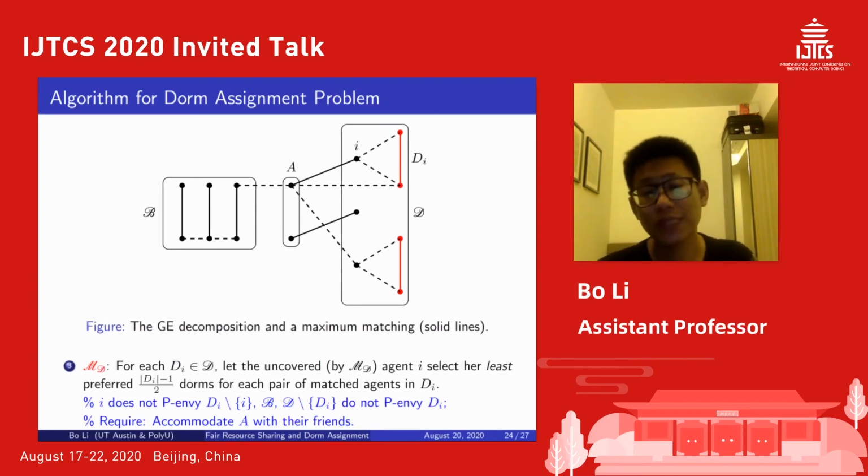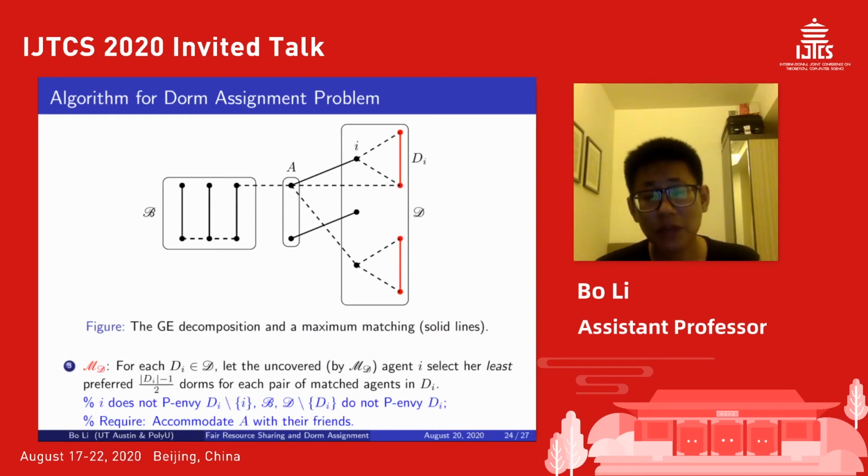Then what we do is that we ask agent i to select dorms from all available dorms for these paired agents. That is, agent i selects her least preferred (|D_i|-1)/2 dorms because there are only |D_i|-1 agents. And for each pair of matched agents, one of these dorms is assigned to them.